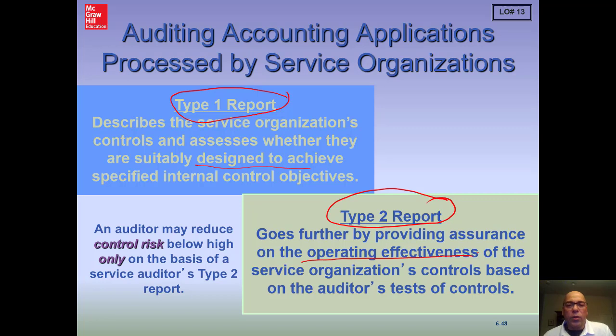Using what? Using interim testing more now, using smaller sample sizes for our substantive testing, and using internal evidence more instead of external evidence. So this type 2 report is much more useful to us.